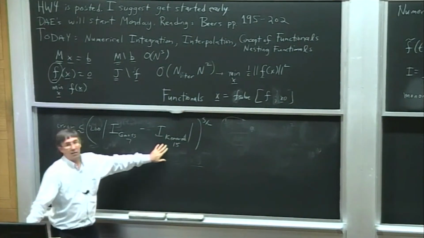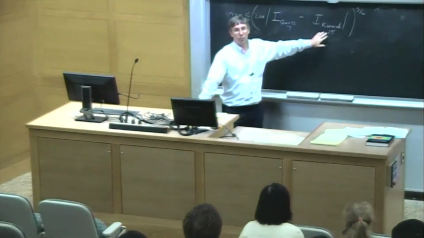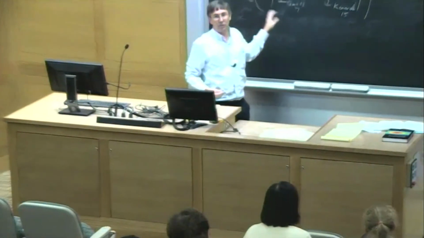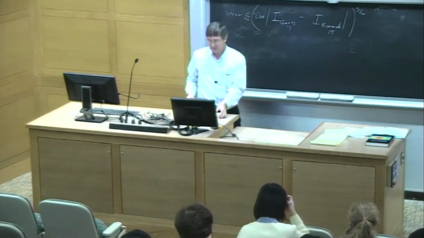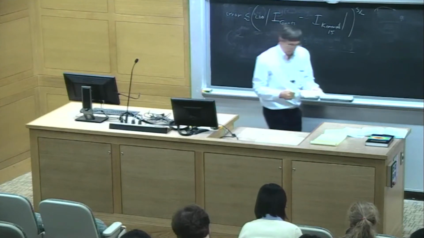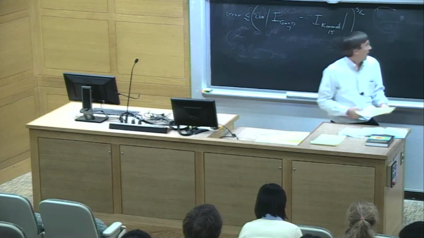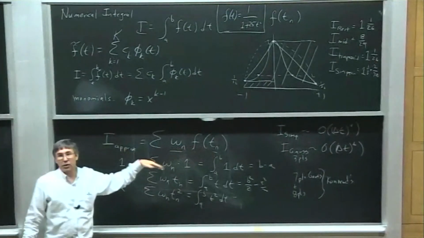And you can check by comparing it to the Kronrod estimate, which uses a lot more points. If the two give the same number or pretty close, then you're pretty confident you're good, and there's even a math proof about this particular one. So this is really popular, and it's a lot better than Simpson's rule, but it's kind of complicated. Part of it is you have to recompute these t_n and w_n for the kind of problem you have.